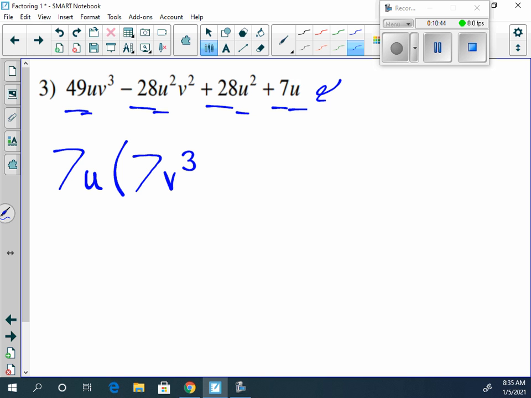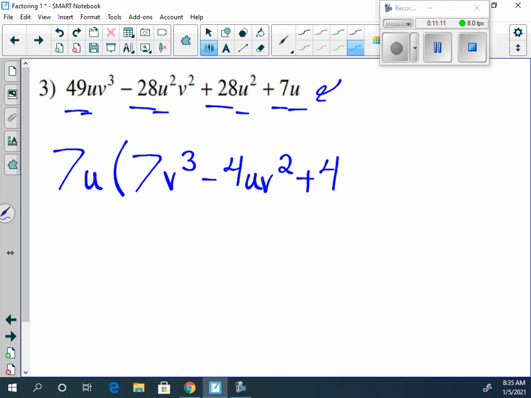Now, negative 28, if I factor out 7, or divide negative 28 by 7, I'm left with negative 4. U squared, if I factor 1u out, I'm left with just 1u. And we didn't do anything with v, so it'll be v squared. 28 divided by 7, this time it'll be positive 4.